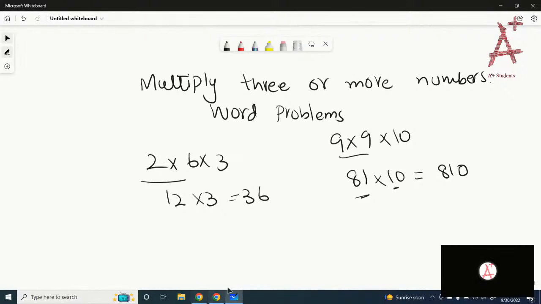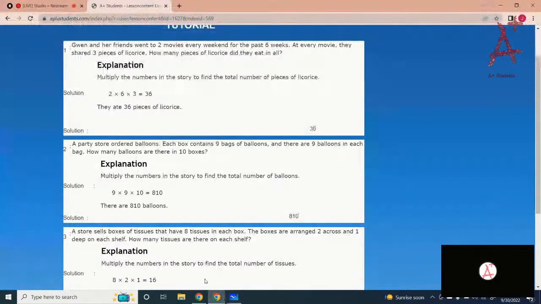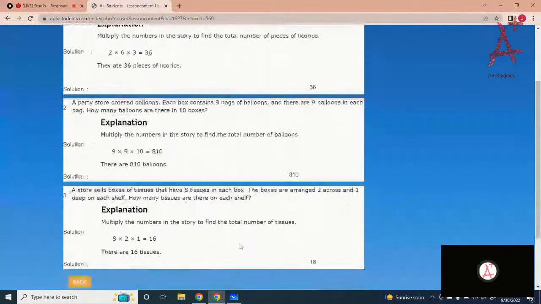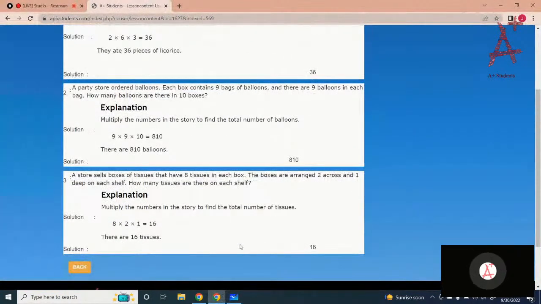So select the correct option and click on the OK button. Oh, sorry, we are on the tutorial, not the test. Okay, a store sells boxes of tissues that have 8 tissues in each box. The boxes are arranged 2 across and 1 deep on each side. How many tissues are there on each shelf? So you have to multiply all the three numbers, 8 times 2 times 1.